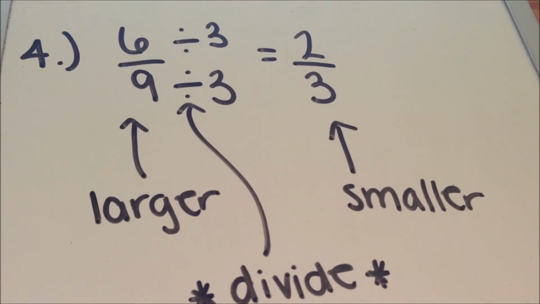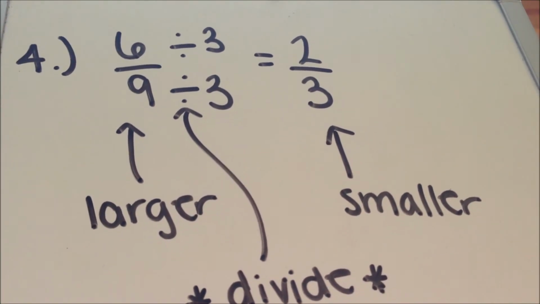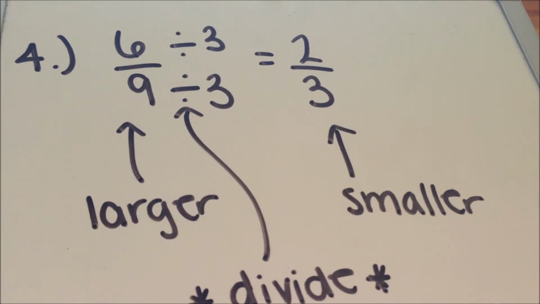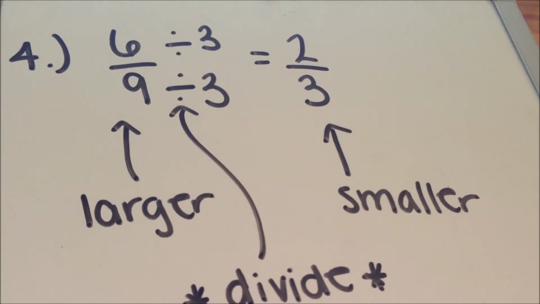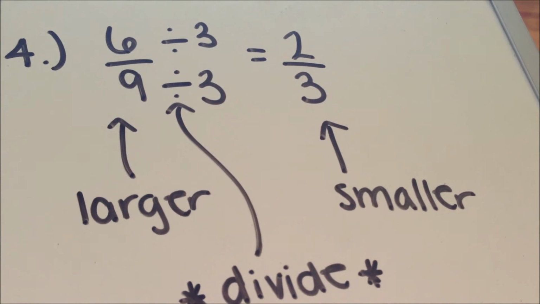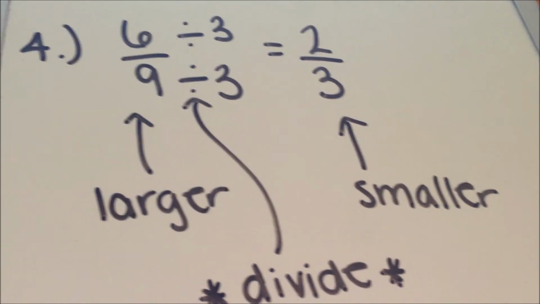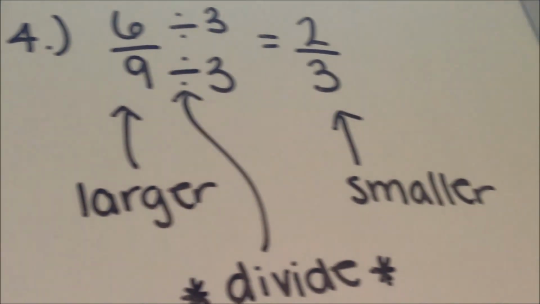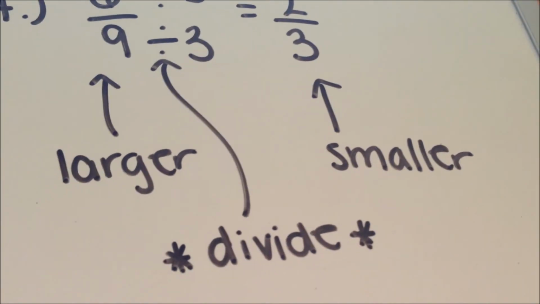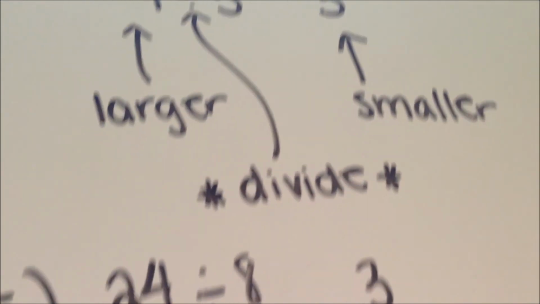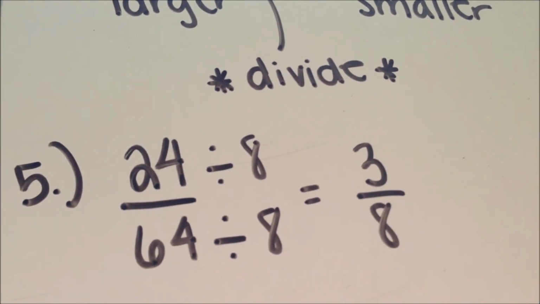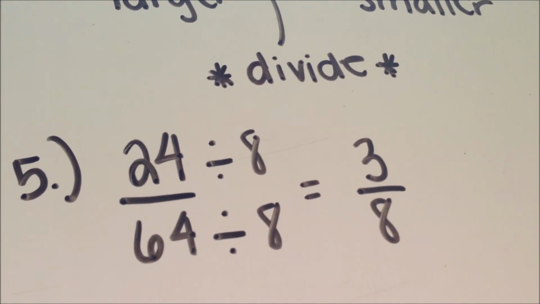For number 4, 9 divided by 3 gives us 3, and 6 divided by the same number 3 gives us 2. 2/3 is the reduced form of 6/9. Notice that if we are going from a larger to a smaller denominator, that we divide. Number 5, the GCF between 24 and 64 is 8.